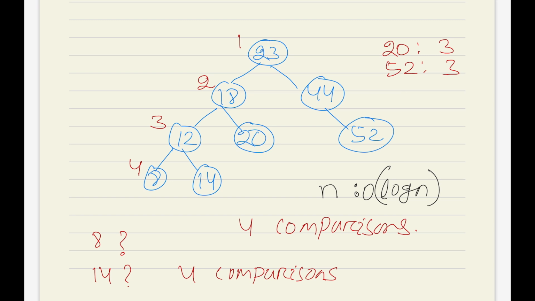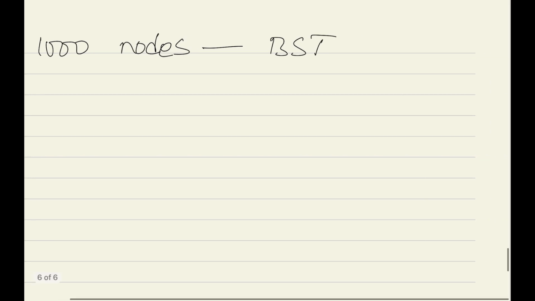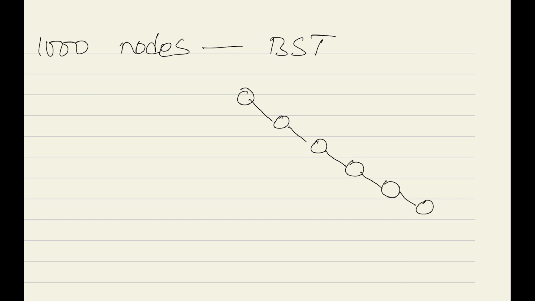Now assume there are 1000 nodes, or 1000 records, in a binary search tree, and the binary search tree is not balanced. That means, if it is a right skewed tree, this type of binary search tree is called a right skewed binary tree.